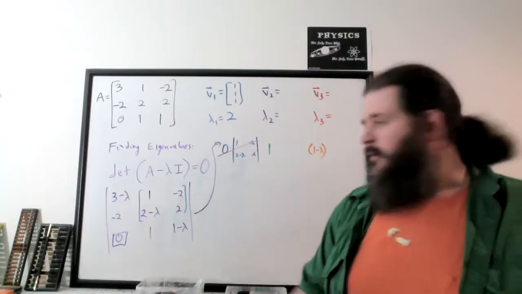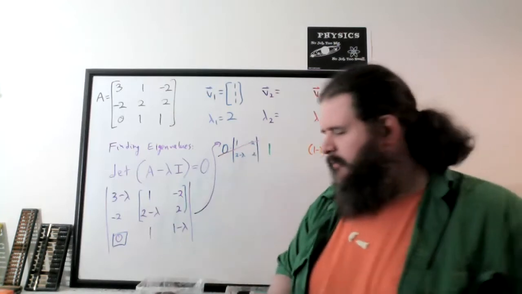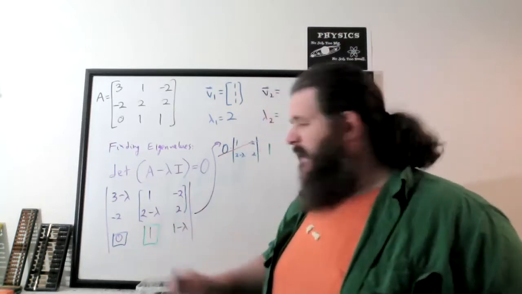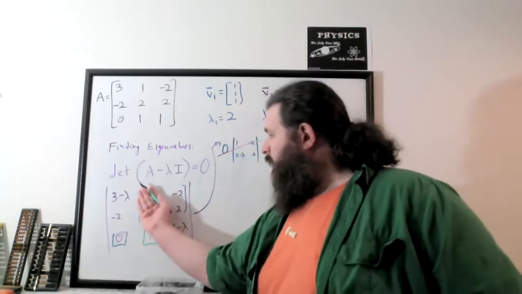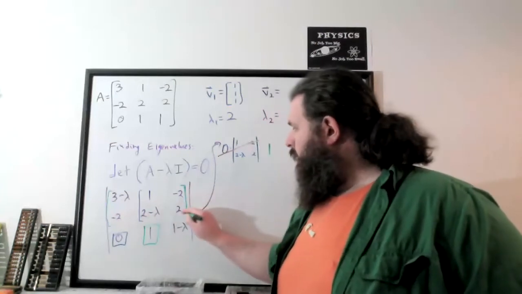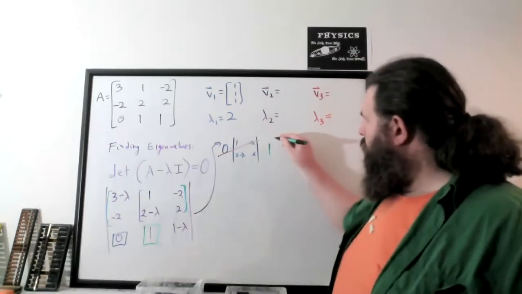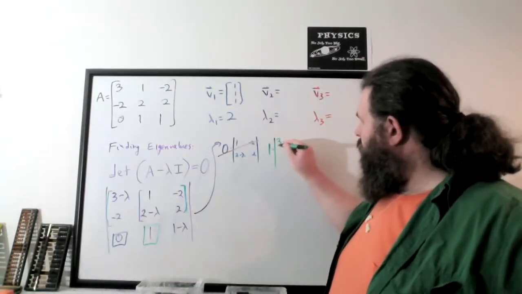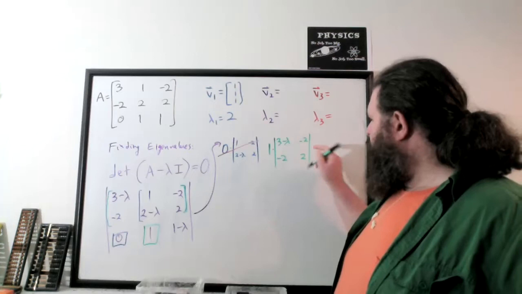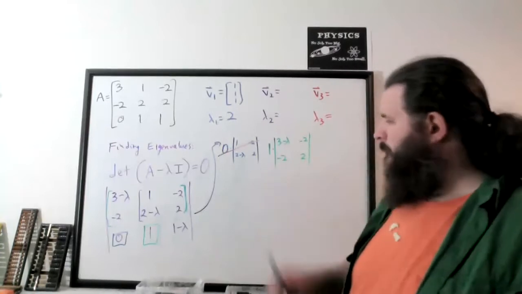And this is a big part of why I would choose a row or column with a 0, because it means that's one entire 2 by 2 determinant that we don't even have to worry about. Meanwhile, the 1 is going to get multiplied by everything that's not in that row or that column. So ignoring the bottom row, ignoring the middle column, we're left with these 4 values: 3 minus lambda, -2, -2, 2 minus lambda. That is the subdeterminant that's going to be multiplied by 1.